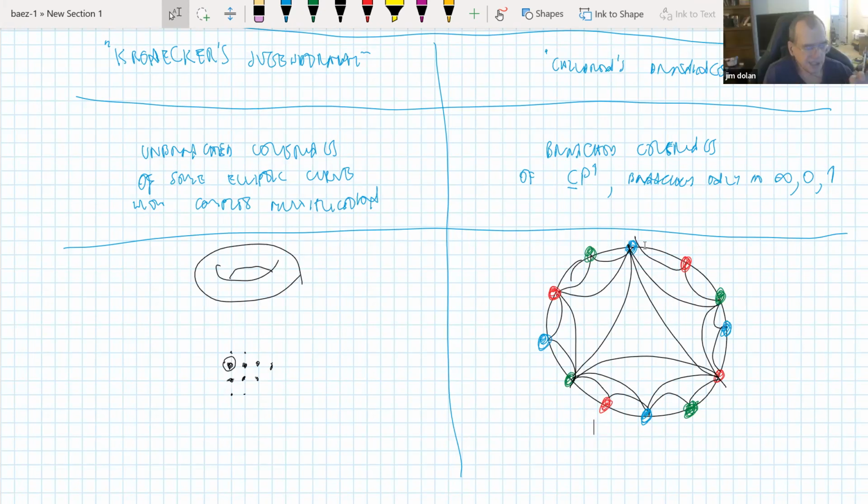But what it is, you get some absolute or relatively absolute abelian Galois group to act on the torsion points on the elliptic curve.